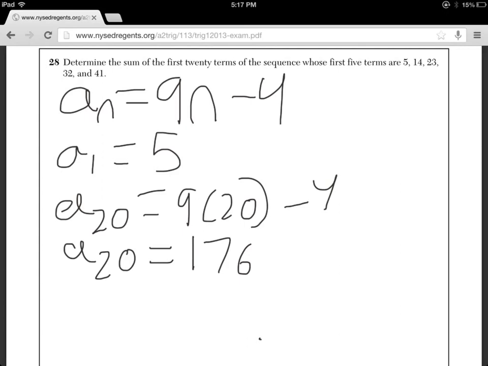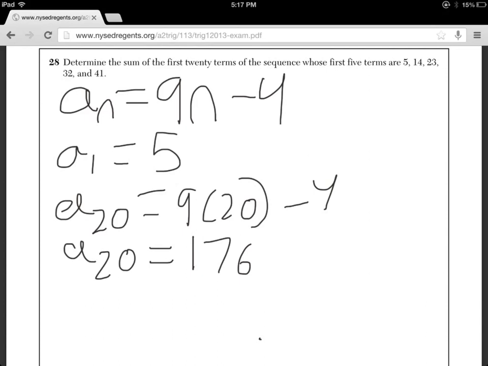Once you know what A20 equals, you have to have another formula memorized in order to do well on the Integrated Algebra Regents for series, and that is the sum of an arithmetic series.